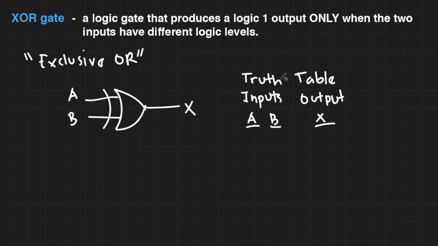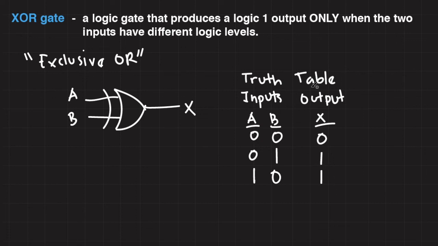So if A is logic 0 and B is logic 0, based on the above definition, the output will be 0. If A is logic 0 and B is logic 1, since the inputs have different logic levels, the output will be logic 1. If A is logic 1 and B is logic 0, then again they have different logic levels, so this will result in a logic 1 output.